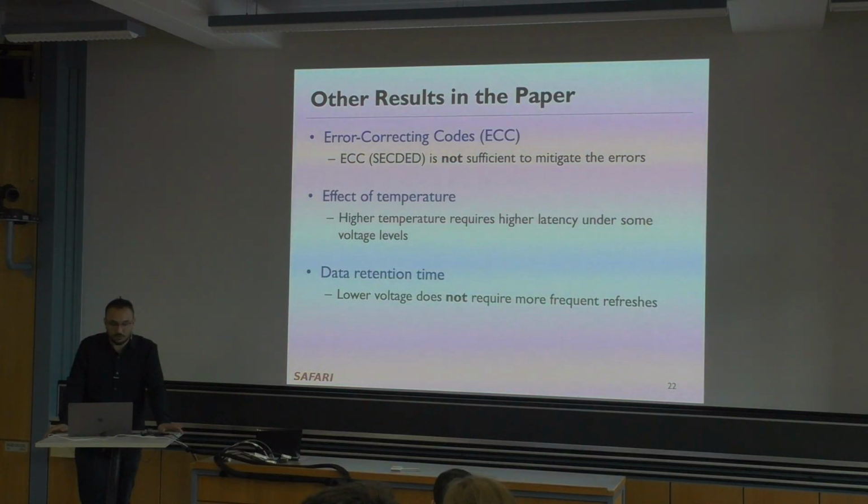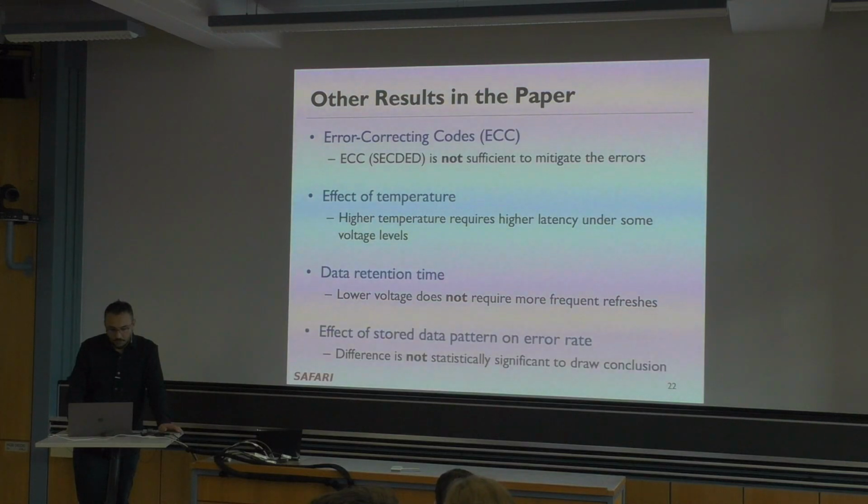Probably there's some reduction there, but within the given refresh rate, we are able to satisfy reliable operation. And we also repeated these tests for many different data patterns, and we do not see a statistically significant difference across those data patterns. If you have a 1 or 0 in a cell, it doesn't really matter that much.